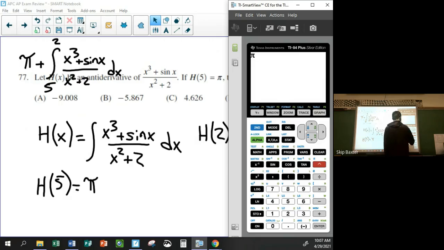I think of f of A equals f of B plus the integral from B to A. This number has to match that number, and that number has to match that number. That's the way I'm thinking about it, but graphically it's probably a better way to think about it. Yeah, when I think about it, I would put the formula in like h of 5 minus h of 2 equals the integral from 2 to 5, and then I would just move stuff around.